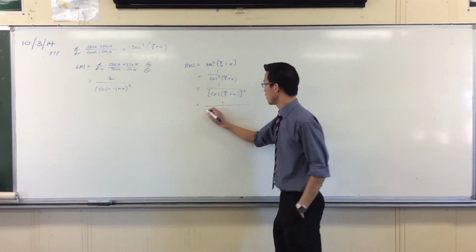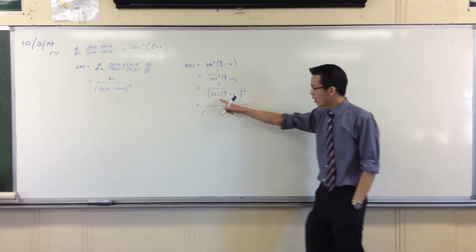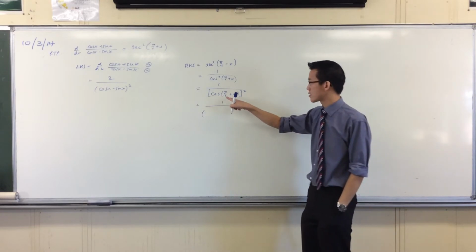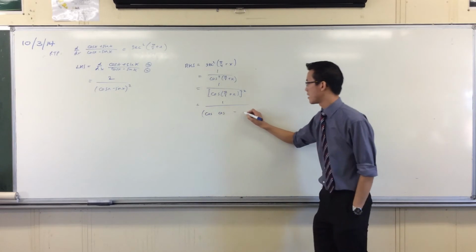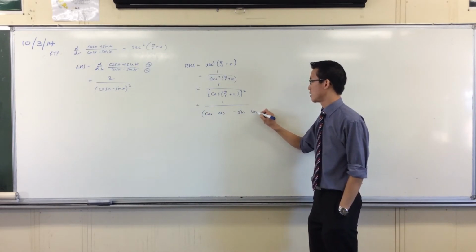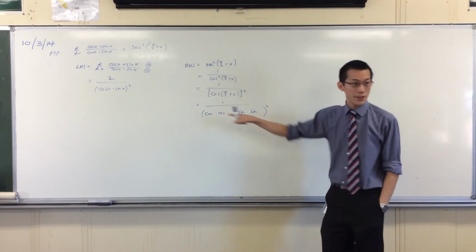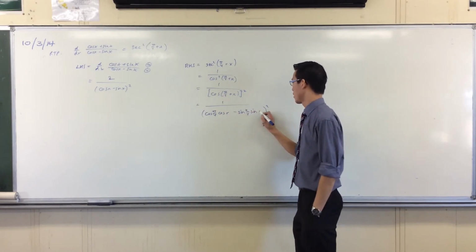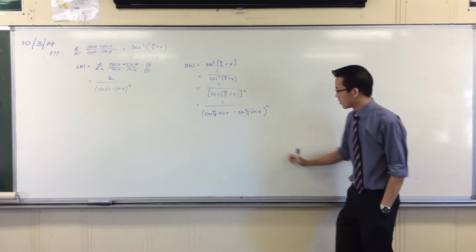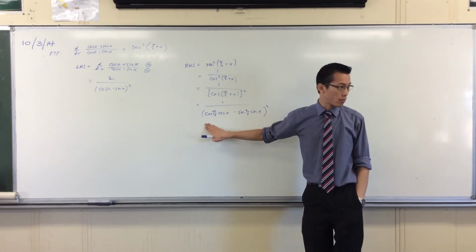So you're going to get, what's inside here? This is cos A plus B. So you're going to get cos minus sine. Yes? Right? So then you just fill in your values. You'll have pi on 4, x, pi on 4, x. Okay? But both of these are equal to 1 on root 2.